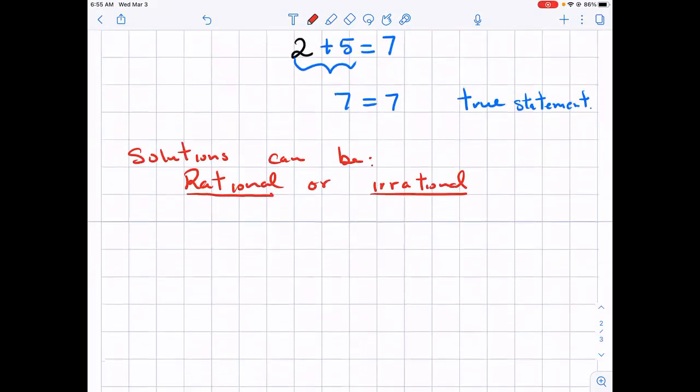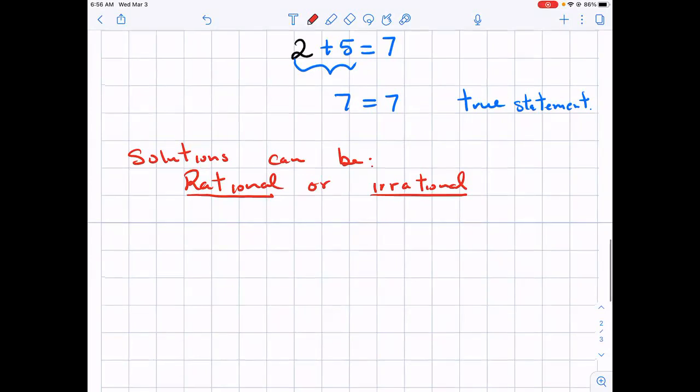Just to go over, rational is any number that could be written as a fraction p over q or a over b, and irrational numbers are numbers whose decimal does not repeat and is continuous. So keep in mind that those exist. And also, solutions can be either real or imaginary.